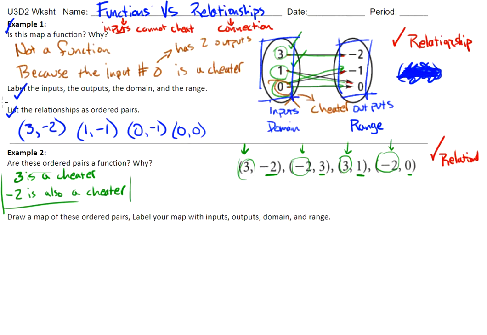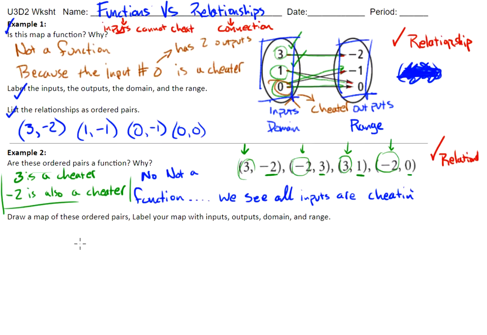Is this a function? And the answer, of course, is no, not a function. All inputs are cheating.